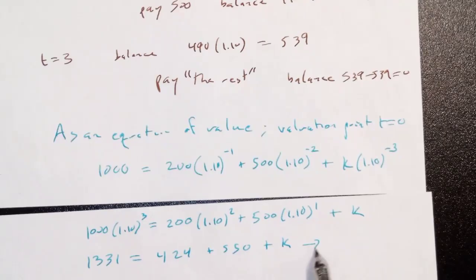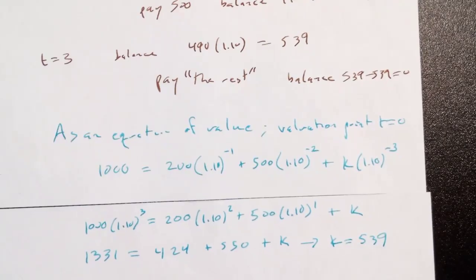And if I rearrange, I get $539 again. Questions? My goal is to try and use all the other stuff we already have for annuities, whether they're level or not, for equations of value, regardless of what our valuation point is. I want to try and use the stuff we already know how to do to make this work well.